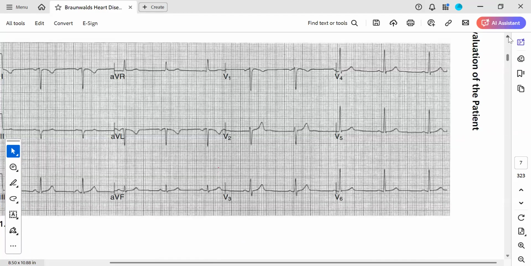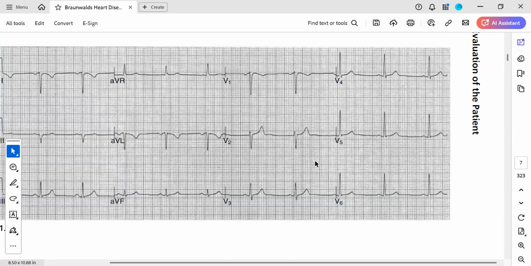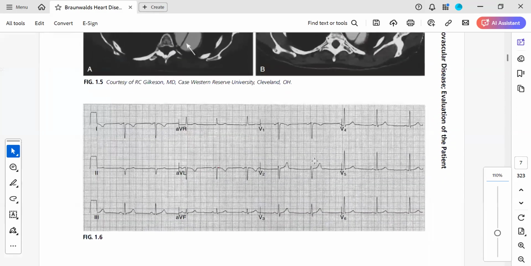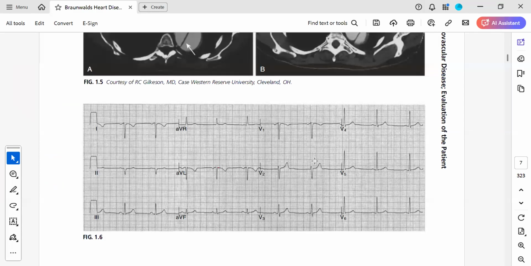Is this consistent with left posterior fascicular block? Or is this reversal of limb lead placement? Is it a left anterior fascicular block and a counterclockwise rotation? Or is it dextrocardia with situs inversus?